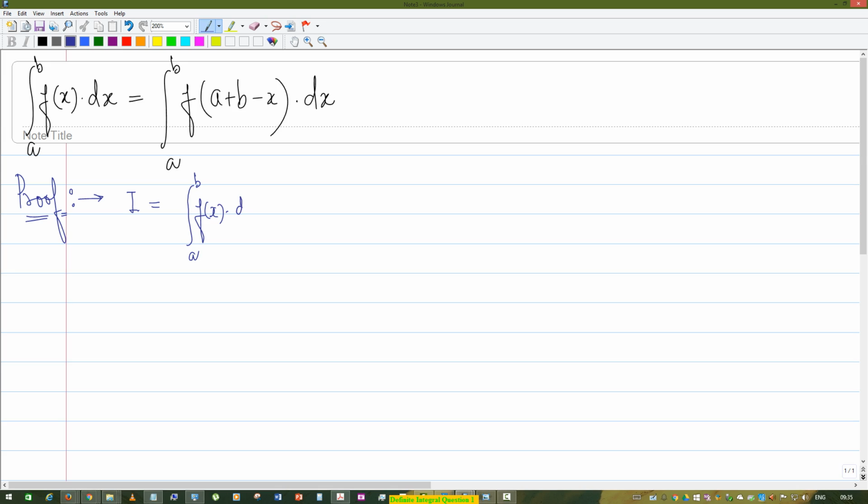This integral of f x dx from a to b I have assumed as I. Now we will substitute, put x is equal to a plus b minus t, and we will differentiate this equation.